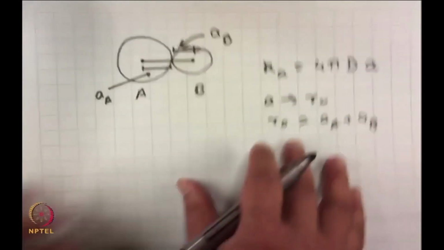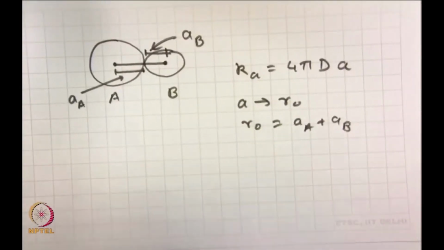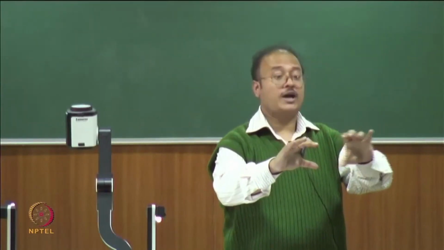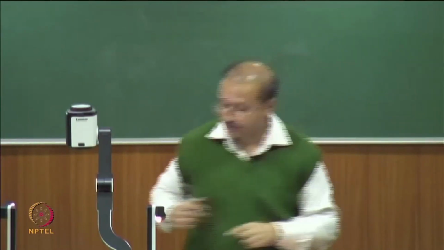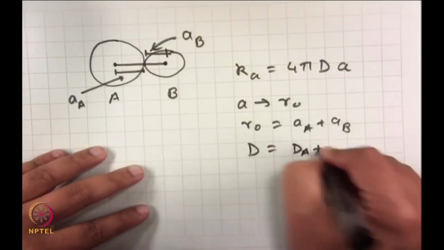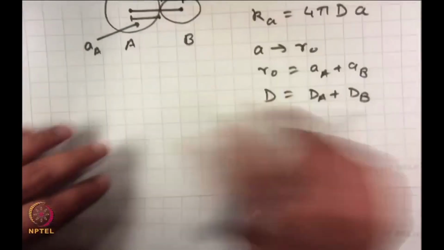Okay. And because both of these are diffusing, remember when these come together like this, what happens with relative motion? Additive, is not it? So, then I can define d to be d of A plus d of B. Now, also comes later, but let me write this down now.